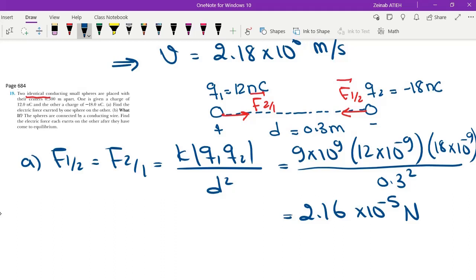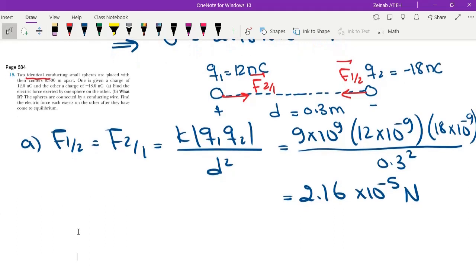So what actually happens? They exchange charges between them. When they are identical, they divide the total charge between them. Meaning the first takes Q1 plus Q2 over 2 and the second takes Q1 plus Q2 over 2. They gather all the charges and divide them by 2. Each one takes half. Okay? So this is called, by the way, the principle of conservation of charge. Always the charges before contact are equal to the charges after contact.